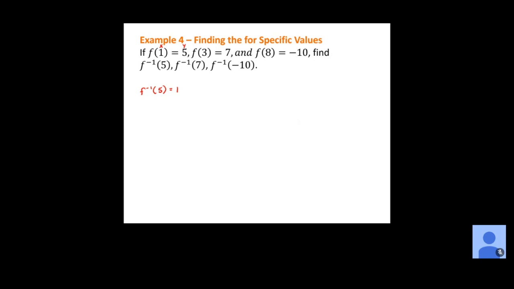Any questions about how I got that? Okay. So same thing now with f inverse of 7. This is our x, this is our y, and so if we're switching x and y now, what's f inverse of 7 going to be equal to?